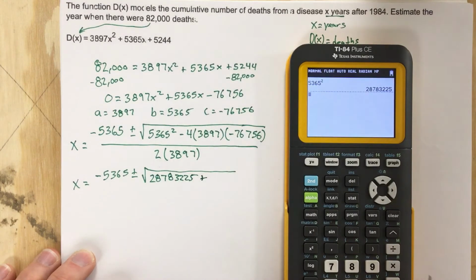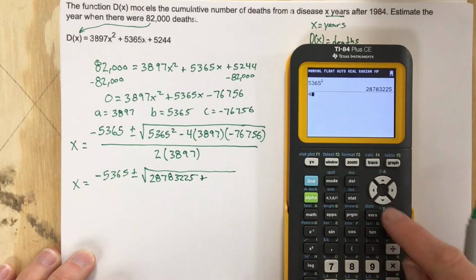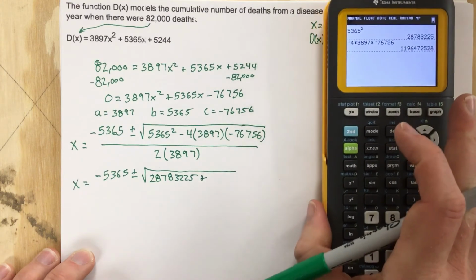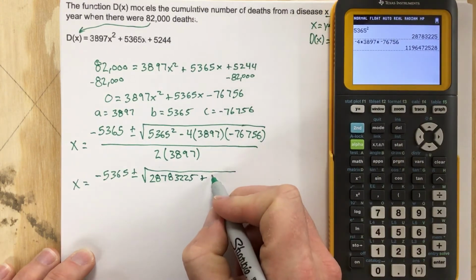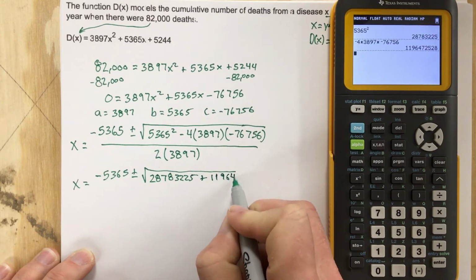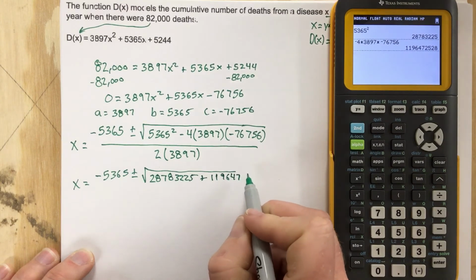Let's plug in negative 4 times 3,897 times negative 76,756. We get a very large number. So we'll get 119,647,2528.